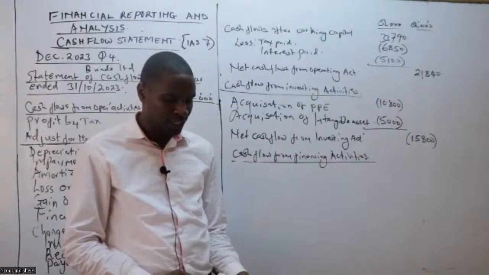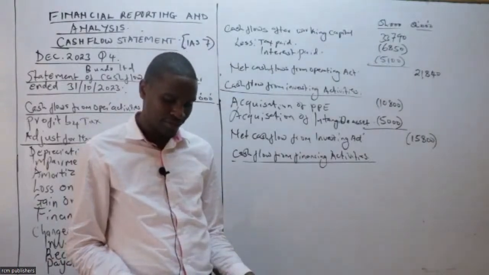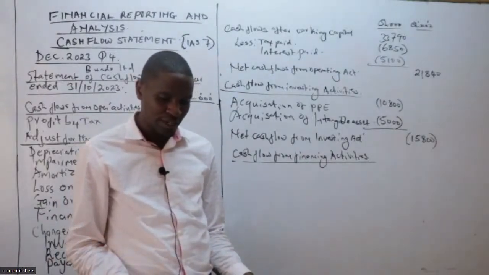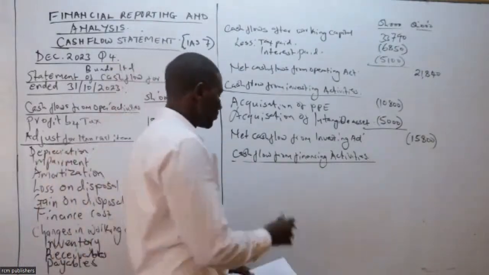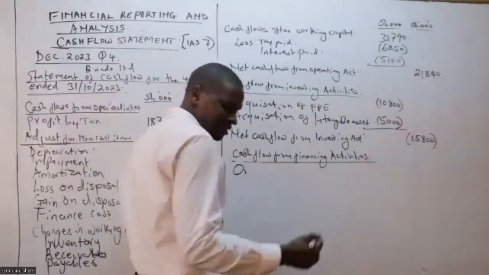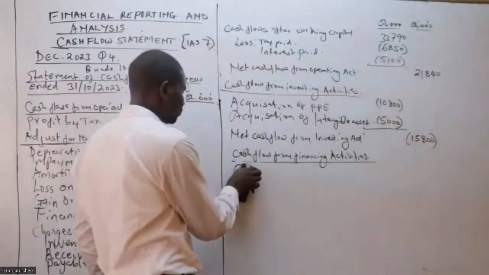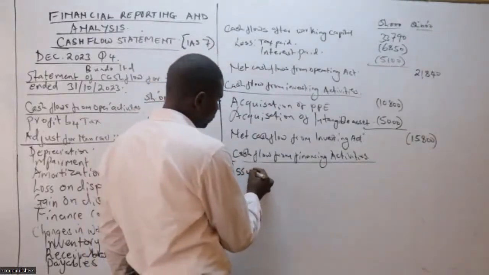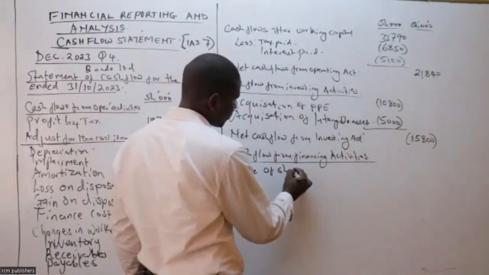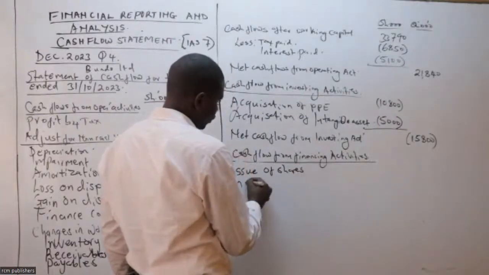So if I look at what I have here, closing is 40,000 and the opening is 32,000. So ordinary share capital, there was issue. Tunaweza ziunganisha issue of shares, increase in share premium.